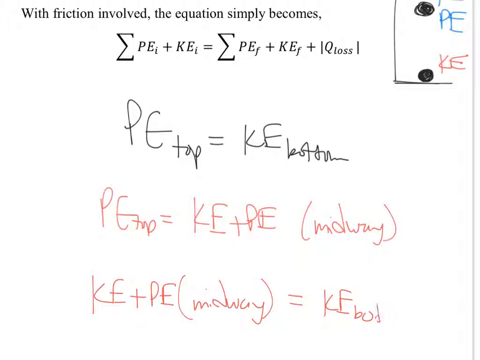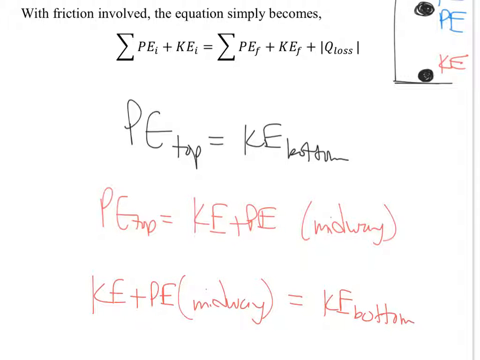But at any instant in time, the energy is equal. So as long as you can identify what kind of energy it has, you could always set it equal. So the potential at the top equals the sum of them in the middle, which is also equal to the kinetic at the bottom. Any of those are true. This is for this one instance right here.